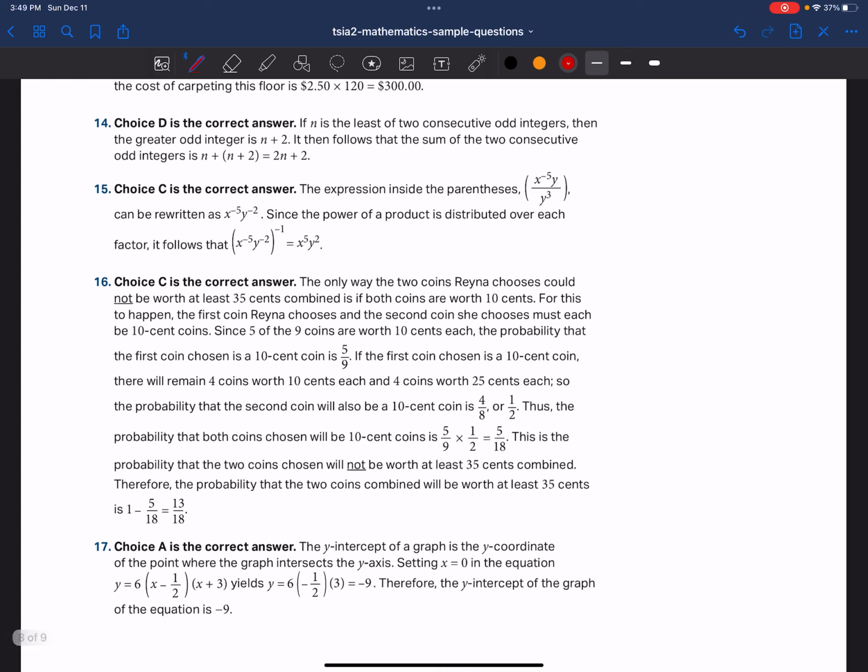The only way the 2 coins Raina chooses could not be worth at least 35 cents combined is if both coins are worth 10 cents. Oh, because it's at least 35 cents. Oh, Mr. Spake, you're blanking. You see? For this to happen, the first coin Raina chooses, and the second choice must be 10-cent coins. It says 5.